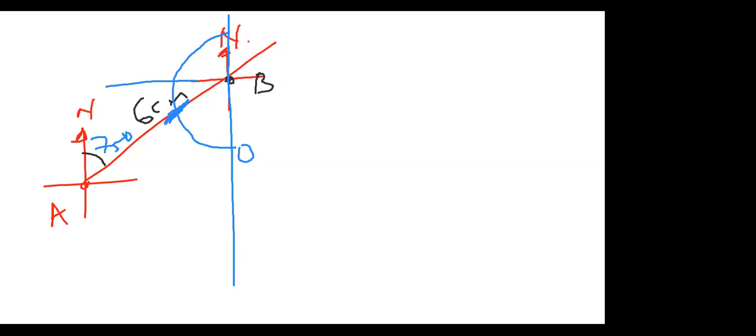So the bearing of F from B will be equal to 180 plus 75, which is 255 degrees. That is how we got our answer.